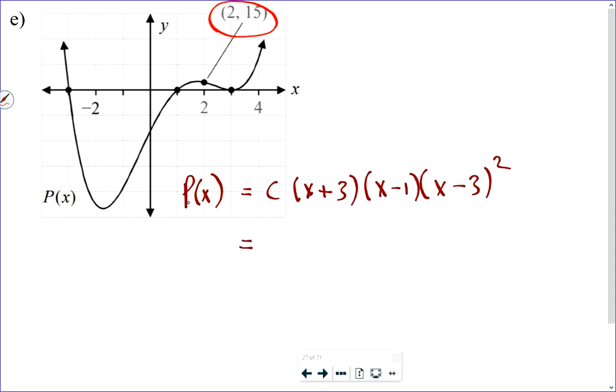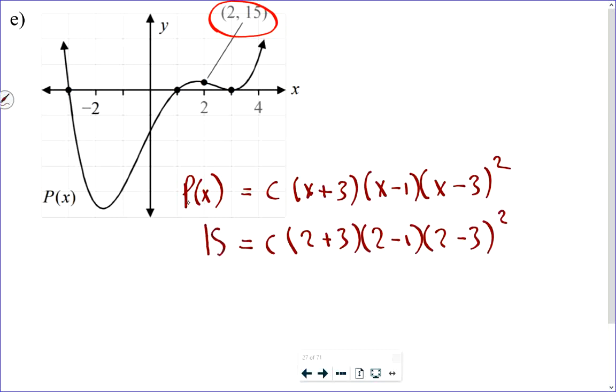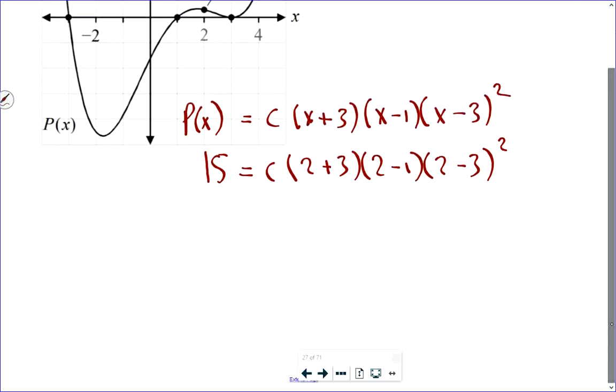This says that when you put in 2 for x, you have to get 15 for y. That's what a point on a graph of a function means. It means when you use that x-coordinate, you have to get that y-coordinate coming out as an output. We simplify this. This is 5, this is 1, this is 1 as well. 2 minus 3 is negative 1.